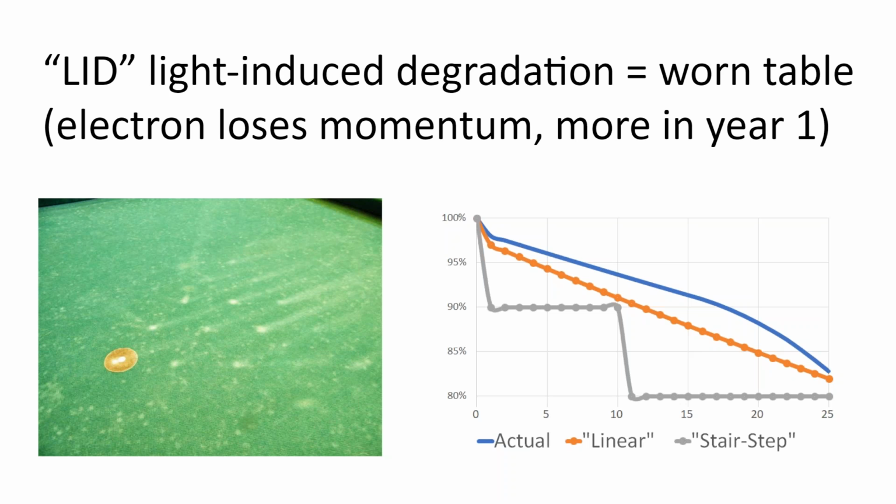Eventually, these pathways get etched into the cell, and the electrons lose a little bit of their momentum when they're hit by that photon. So, in general, you're going to see in the first year a step down in array performance that's warranted under most circumstances to be no more than 3%. And then from that point on, you have about a 0.5% degradation a year.